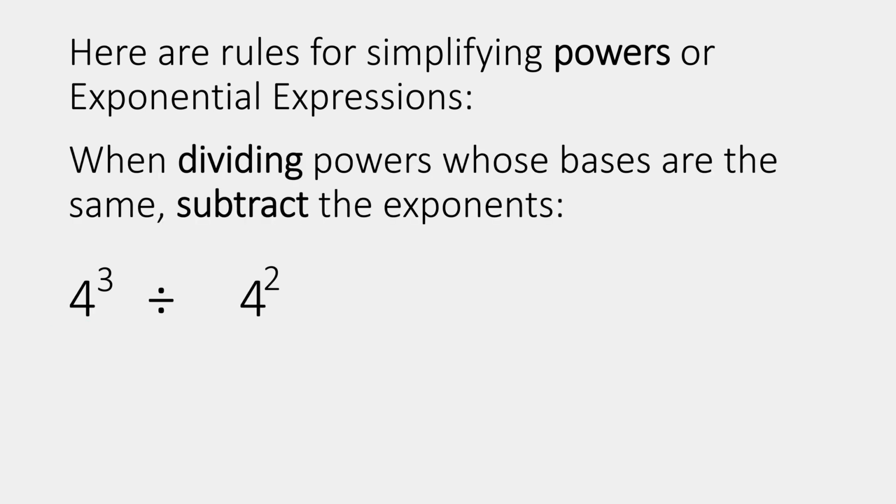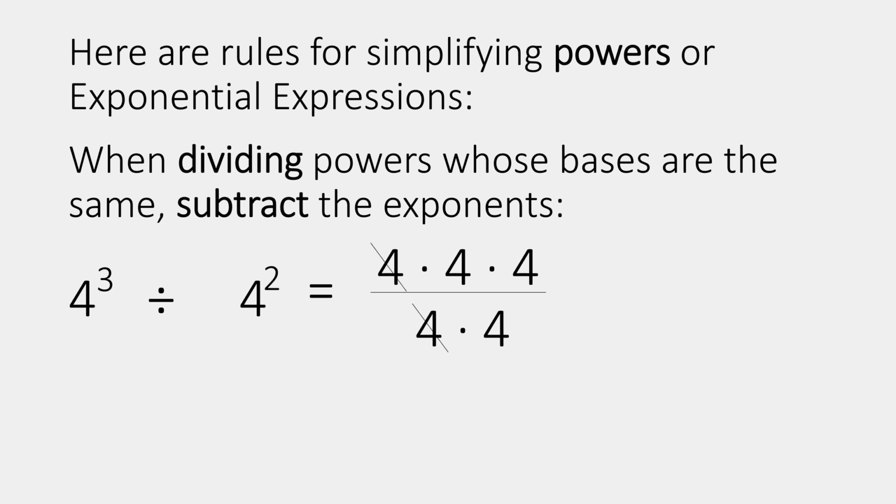When dividing powers whose bases are the same, we subtract the exponents. So we have 4 cubed divided by 4 squared. Let's break it up so you can see the system behind it. 4 cubed is 4 times 4 times 4, divided by 4 squared, which we put on the bottom, 4 times 4.